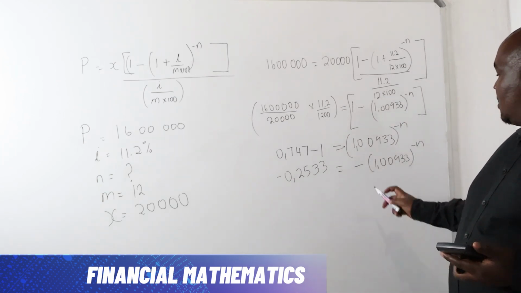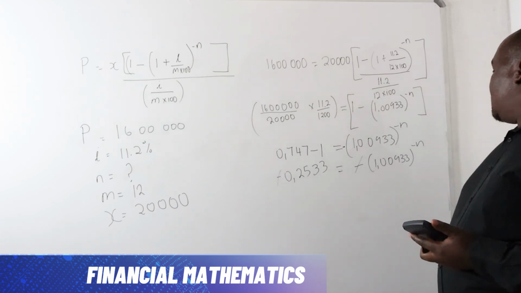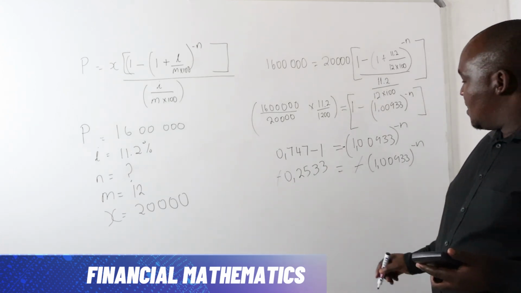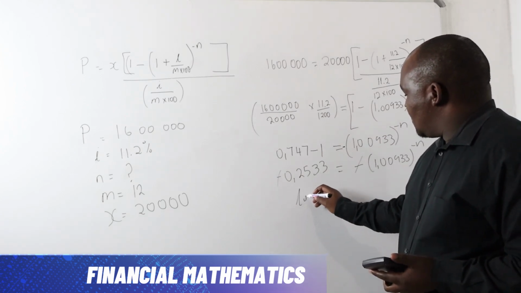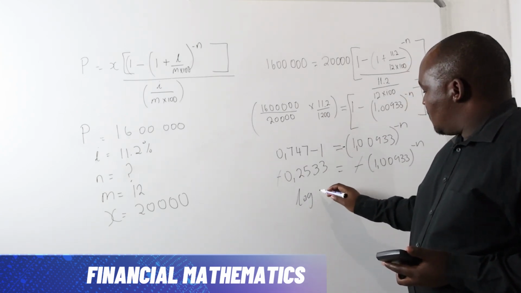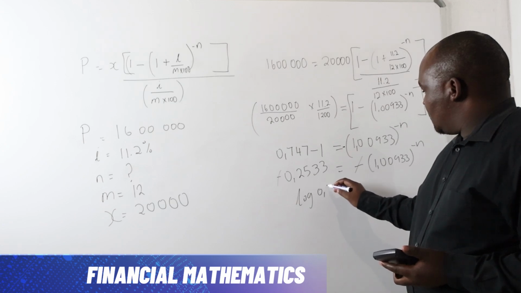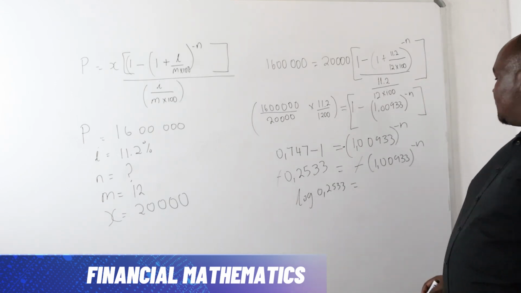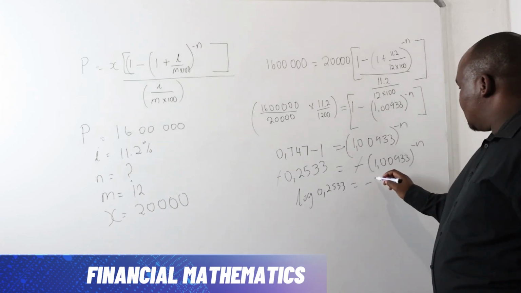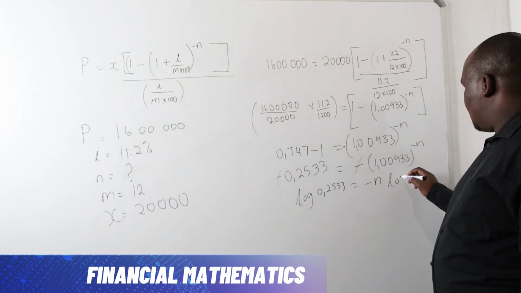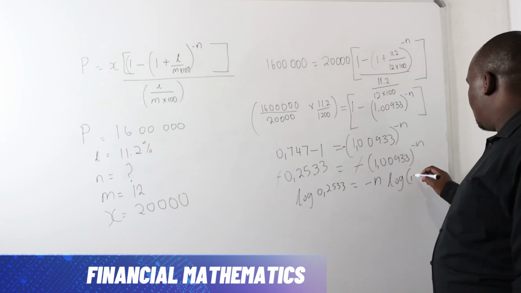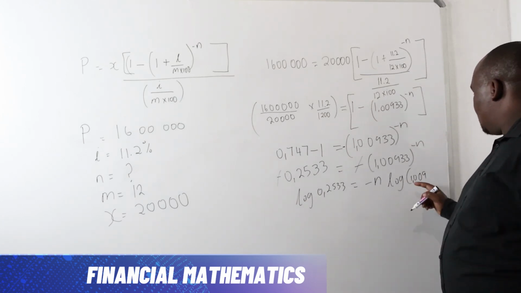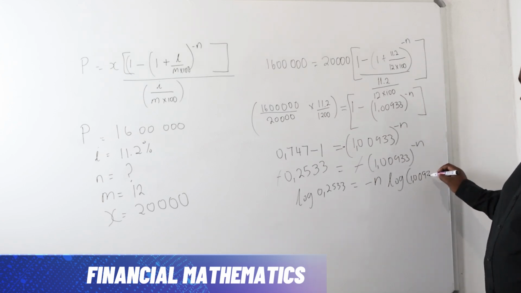Now, already you can take this off. And then after taking this off, you can introduce the log. Then you're going to have log of 0.2533 equals minus n, the log of 1.00933.